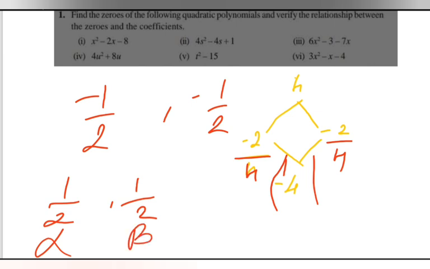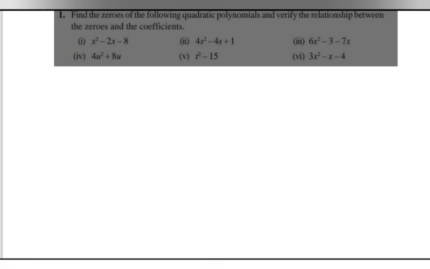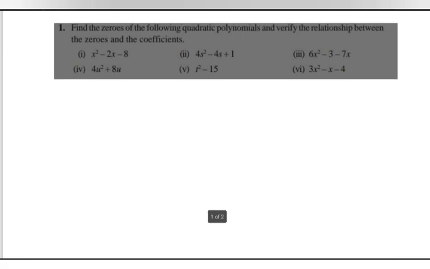I'm extremely sorry for the previous one. Now there will be clarity. So we got alpha as 1 by 2 and beta as 1 by 2. Now we should verify the relation between zeros and coefficients.